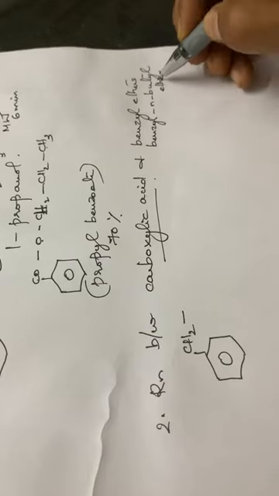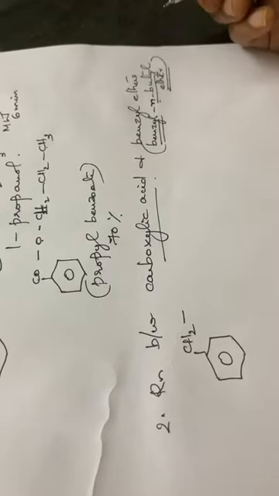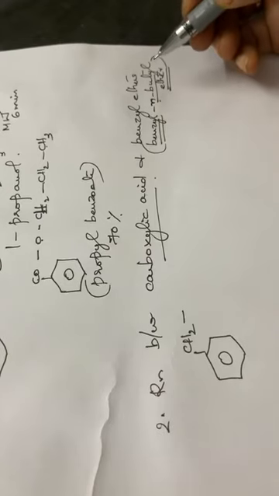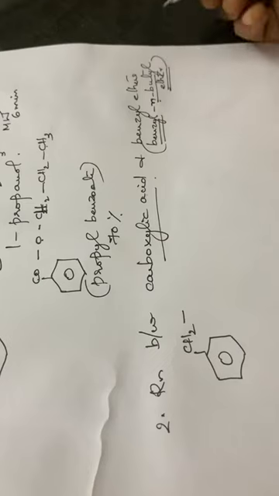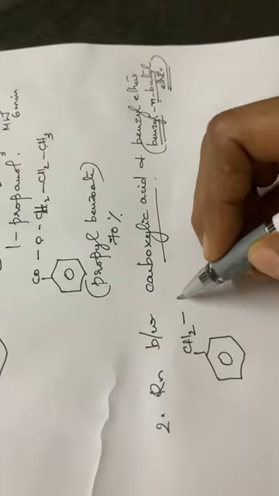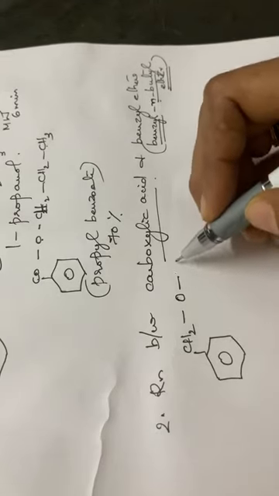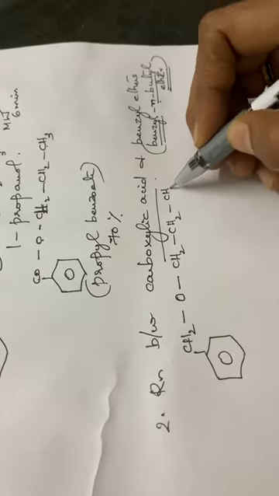Benzyl part I had written C6H5CH2. Then you have to write this n-butyl ether. n-butyl, small n, means it is normal chain, isn't it? It is a straight chain butyl compound. Butyl ether means 4 carbon atoms along with an oxygen atom. So for ether 1 oxygen atom, then you have to write 4 carbon atoms also. So CH2, then CH2, CH3.